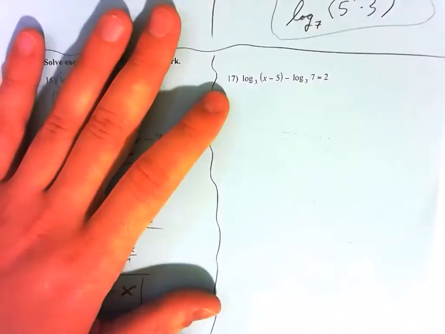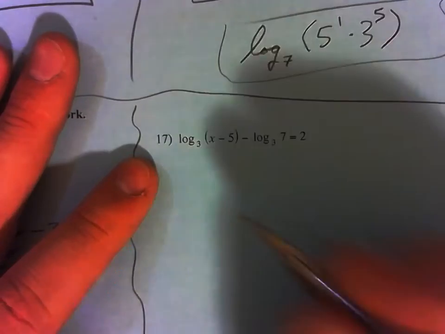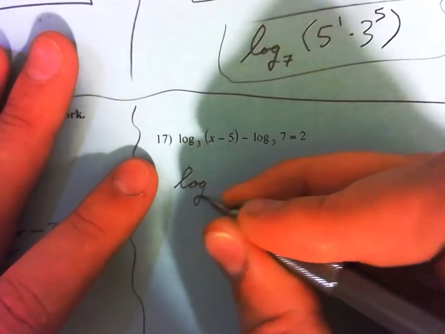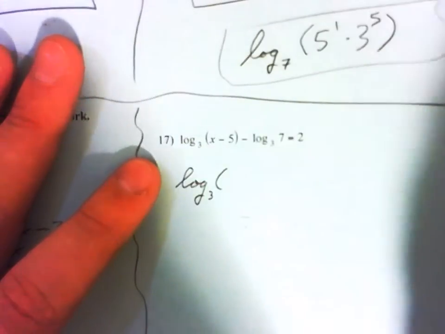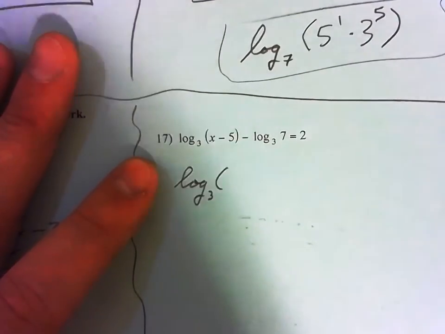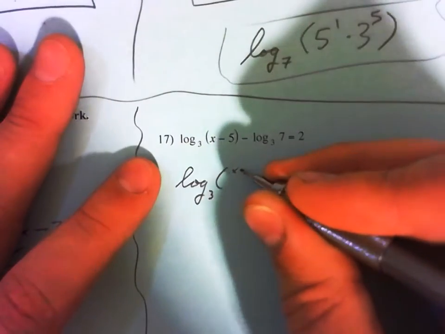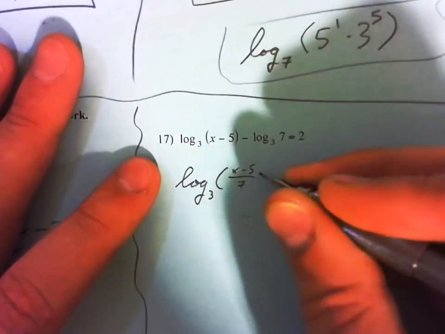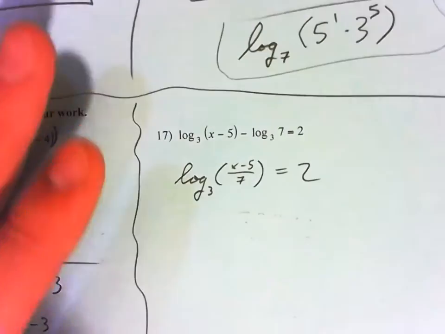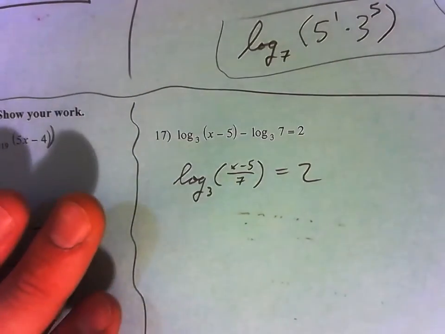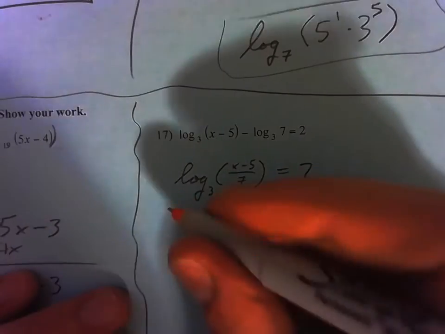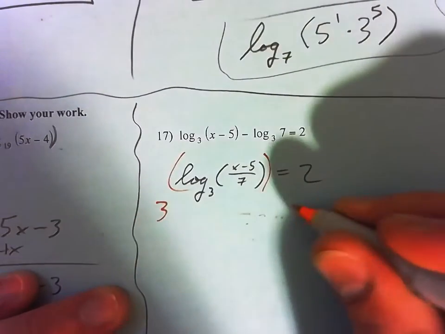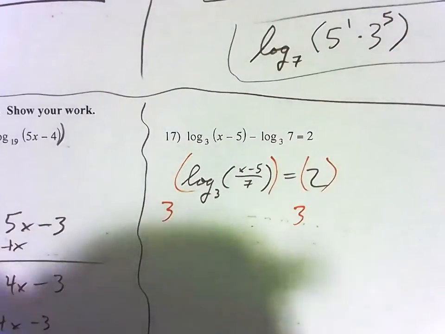Remember the log properties we were just talking about a couple pages ago? Yes, this is simply as you were just thinking a moment ago. Log base 3 of x minus 5 over 7. Now you're going to 3 to the power of this side equals 3 to the power of that side.